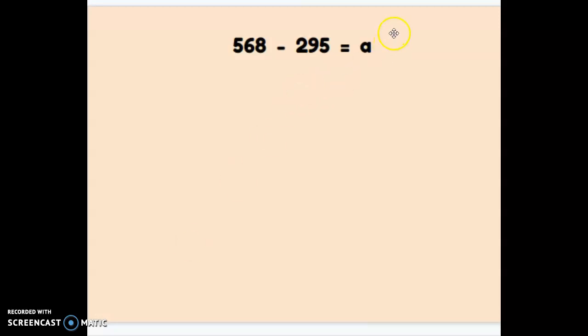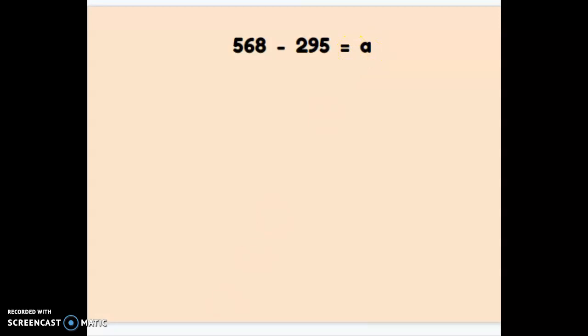I do want to remind you not to be confused by this A at the end of my number sentence. It is just a variable that can represent any number. In this case, A could represent the answer to this question. So don't be confused when you see those variables there.